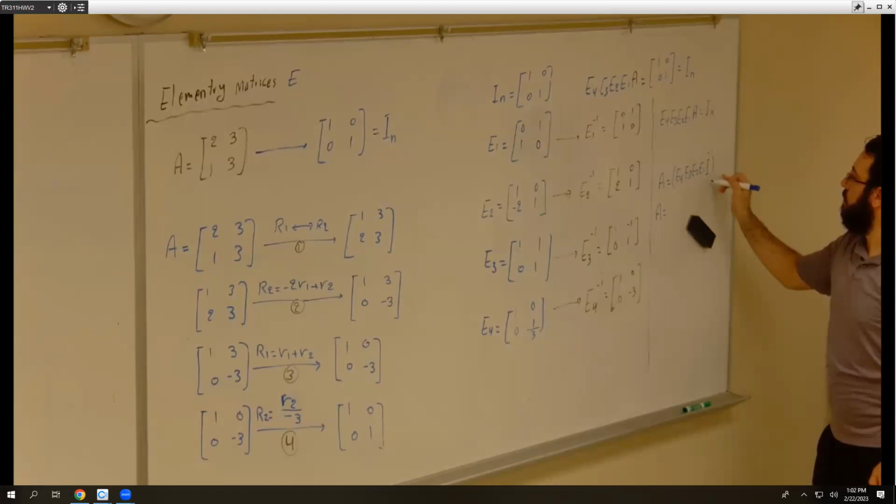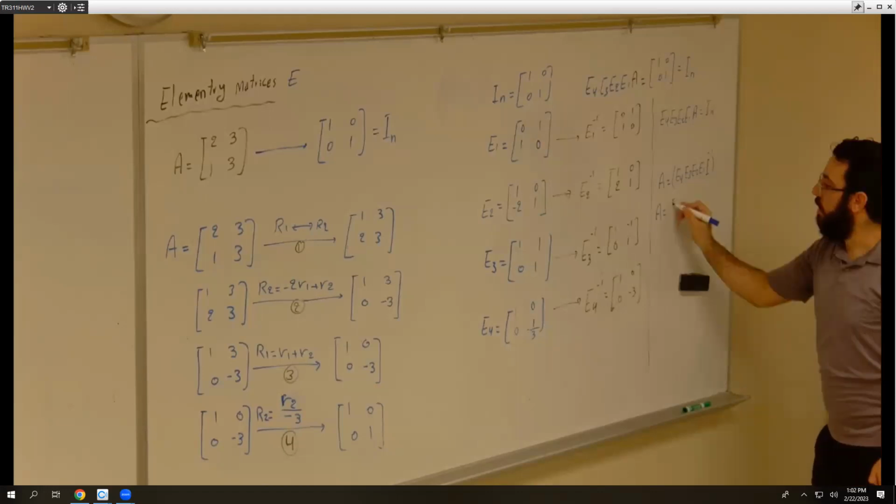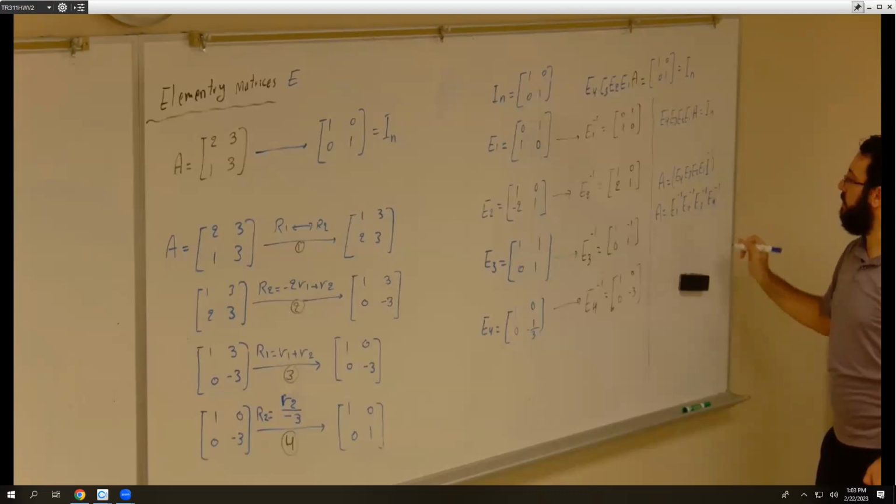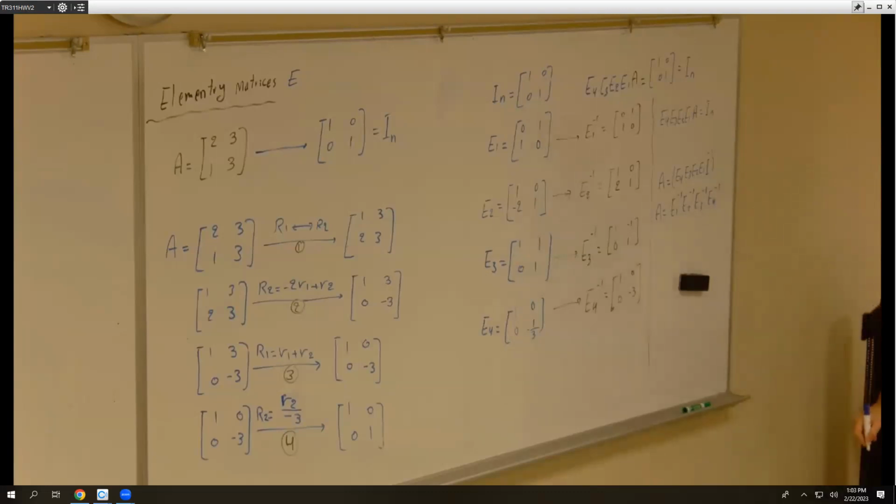A is going to be, I'm going to multiply. Let's check that. E1 inverse, E2 inverse, E3 inverse, E4 inverse. So if you multiply the inverses for these matrices, what are we going to do?